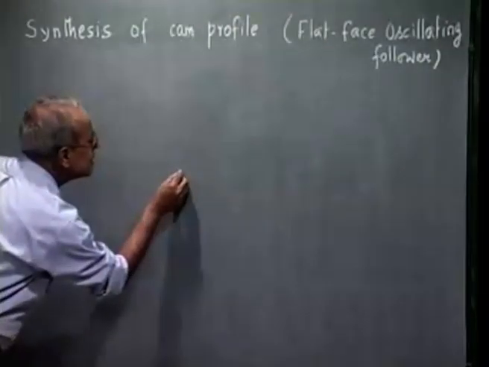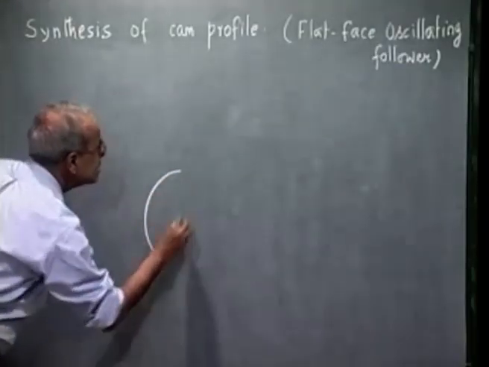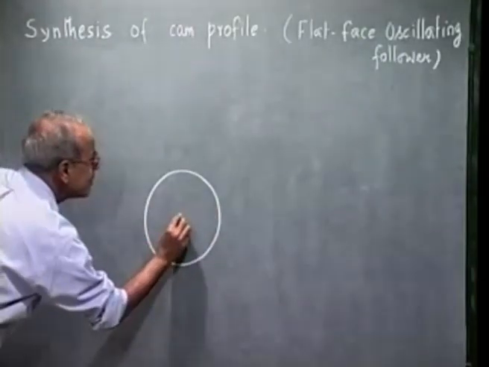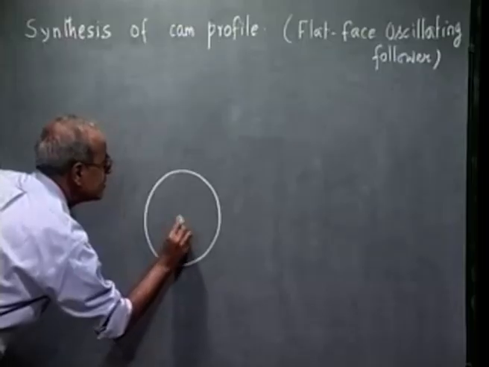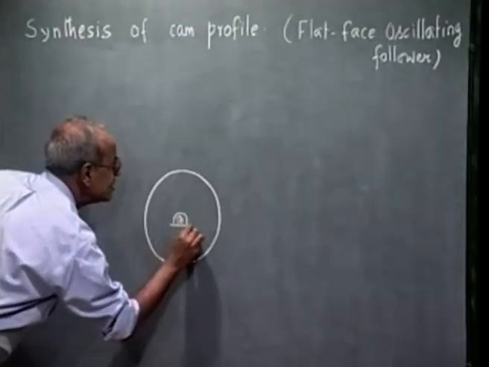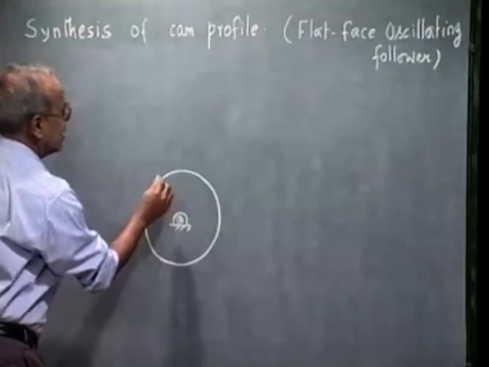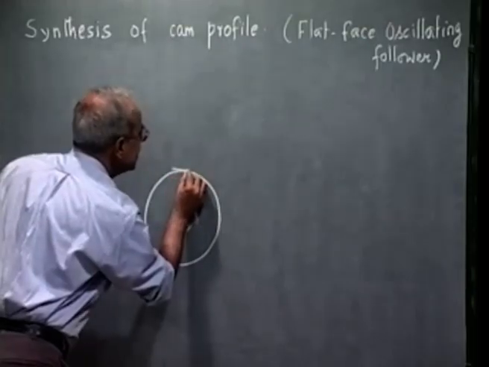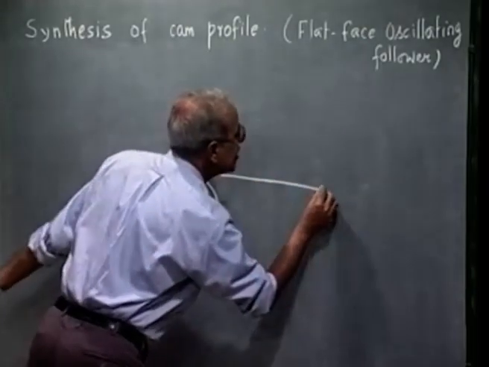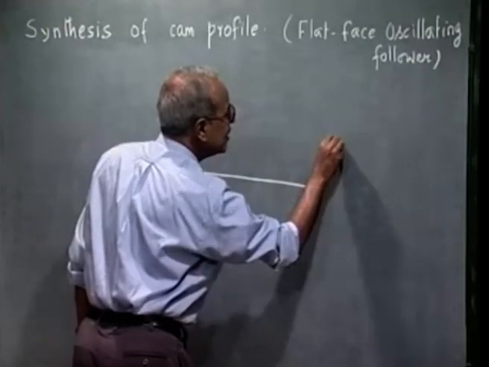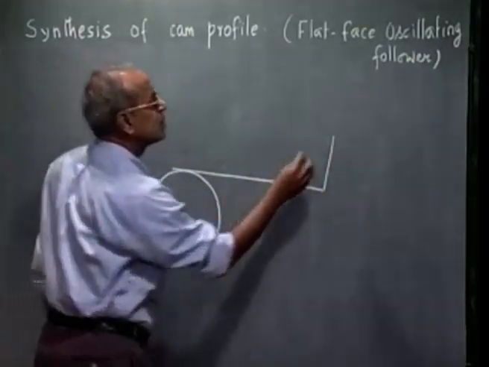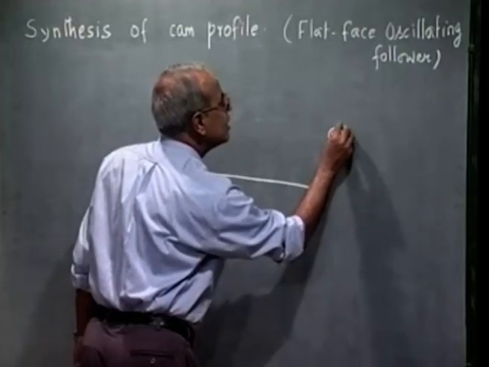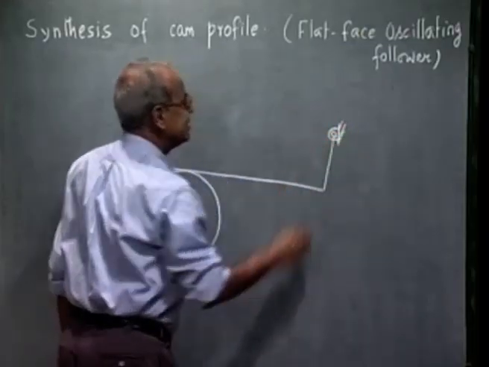Let the base circle of the cam be given, and when the follower, the flat face follower, is in contact with the base circle, that is the lowest position of the follower, and the oscillating follower is hinged at this location.